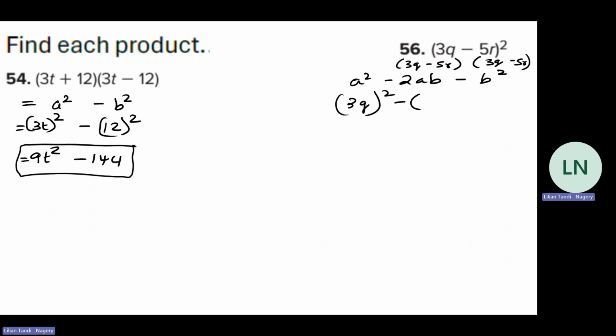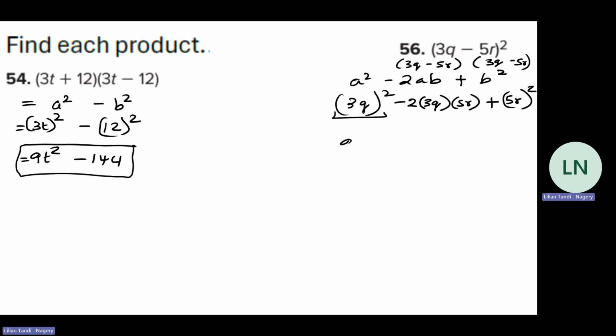So that will be minus 2 multiply 3q multiply 5r, plus, what is b squared? So 5r, and you square that.